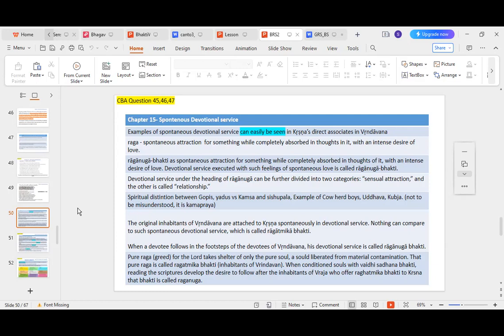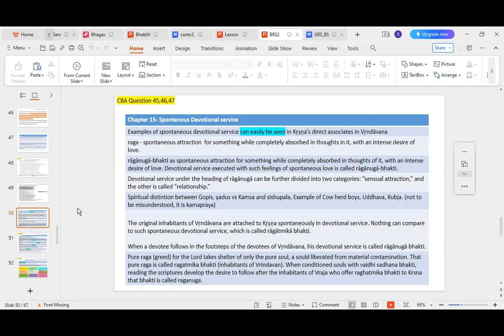That gets into something called raga atmika. Our acharyas recommend either relationship through Vatsalya Bhav, or even Madhurya Bhav, which is also a relationship but more at the sensual level than at the Sakya or Vatsalya level.